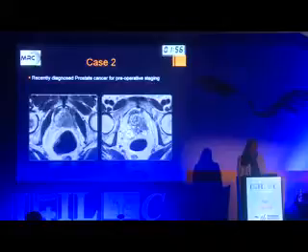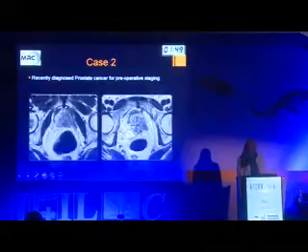Another case with prostate cancer coming for preoperative staging. This was a huge mass, and unfortunately the patient has extraprostatic extension with involvement of the left neurovascular bundle. Not only that, but there is also involvement of the seminal vesicles bilaterally.